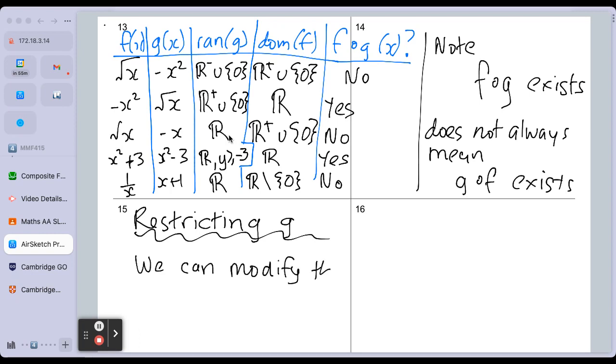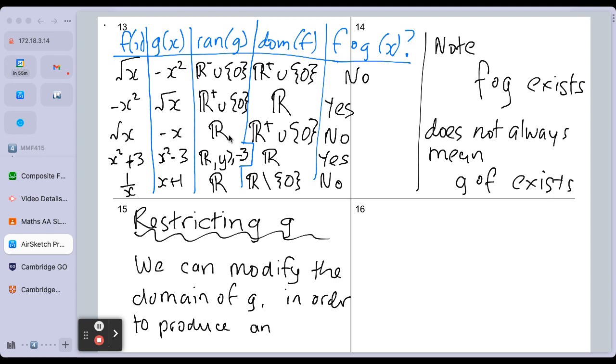We can modify the domain of G in order to produce an acceptable range of G to make the composite function work.